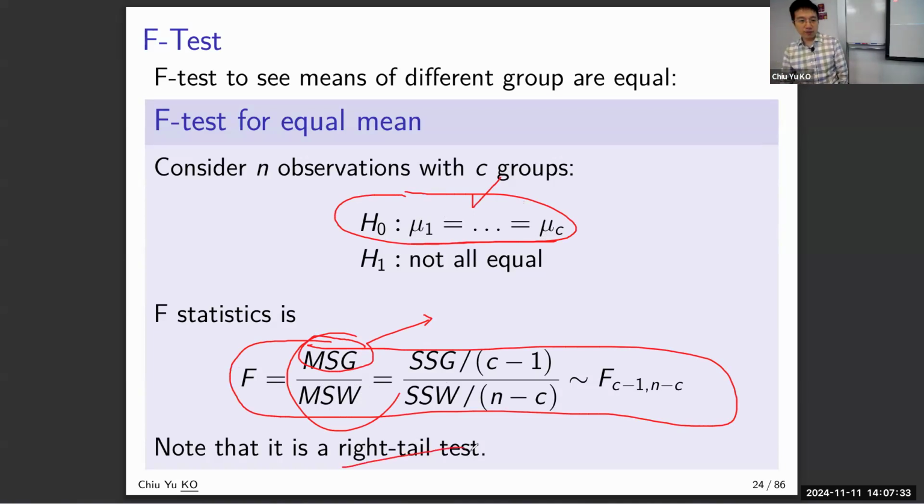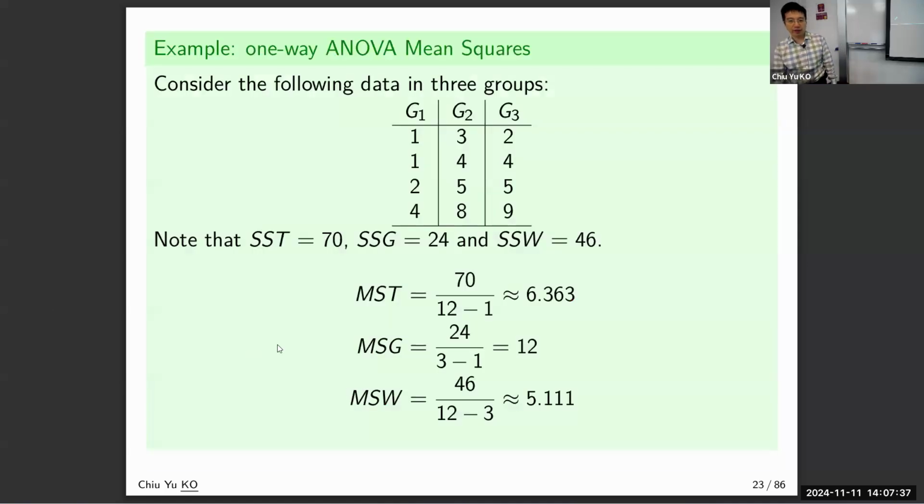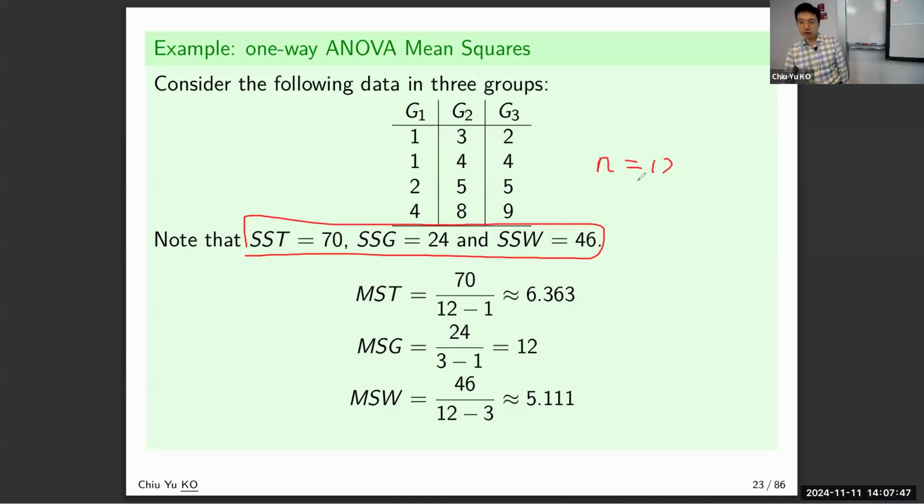But before we go about that, let's turn back to here. How to calculate that? In the example we continue to calculate, remember N is 12, C is 3 because there are 3 groups. So it's very simple.